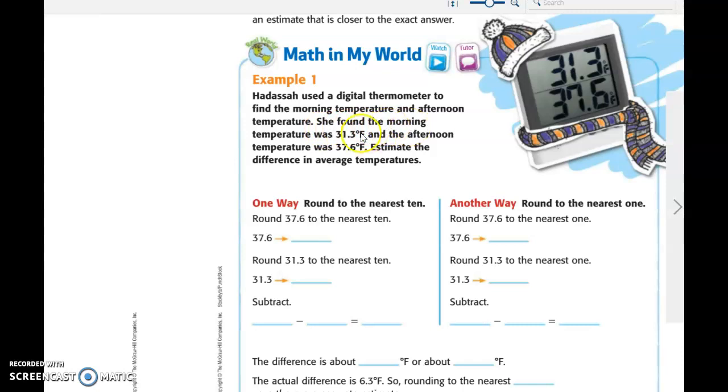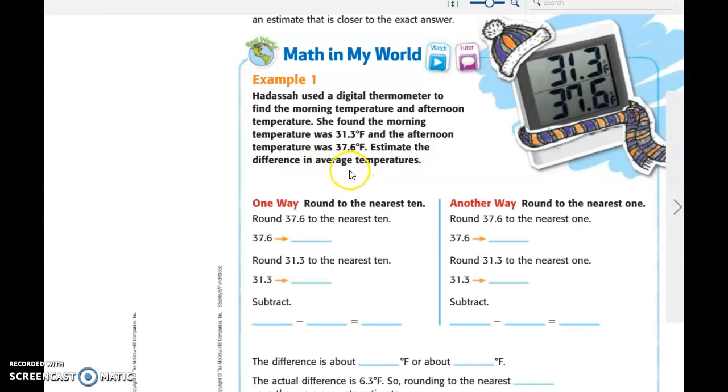She found the morning temperature was 31.3 degrees Fahrenheit. And the afternoon temperature was 37.6 degrees. Estimate the difference in the average temperatures.